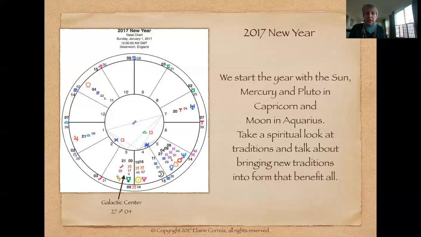Jupiter is the lucky planet, the optimistic planet, the expansive planet. So it's going to expand whatever it is, but it's saying, hey, let's find the balance between the past and the tradition, and where we're going in the future. And let's do this in a way that's going to be functional, and let's work.